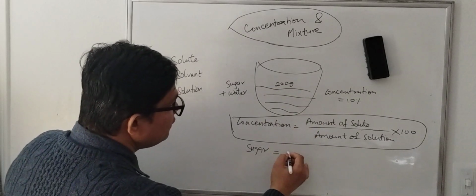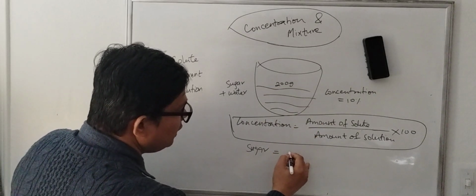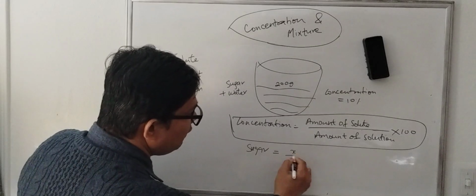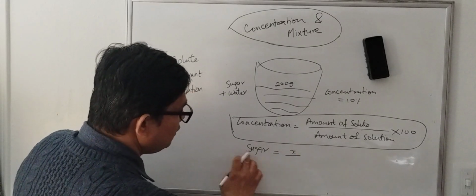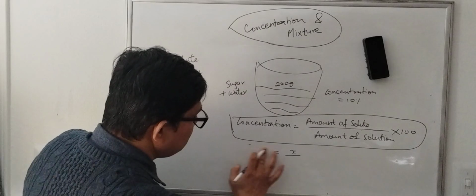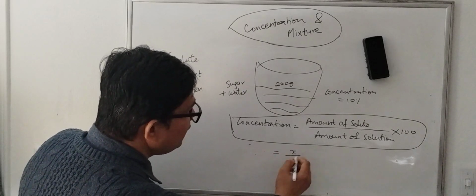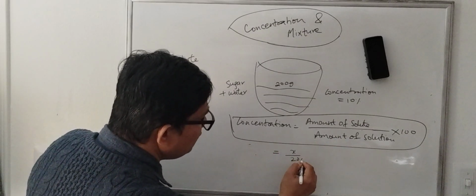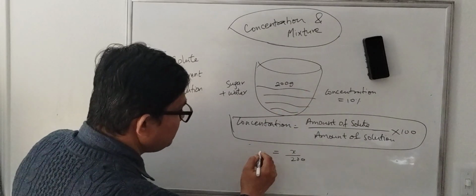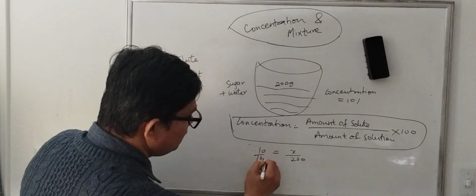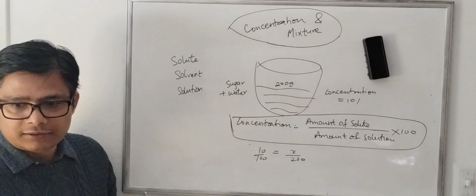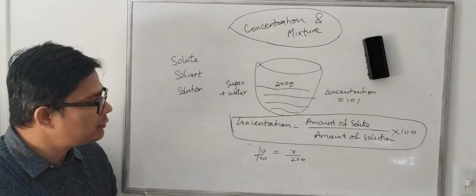Let's say X divided by the amount of solution, which is 200, equals what percentage? 10%. Look at the board. You don't have to draw the glass.